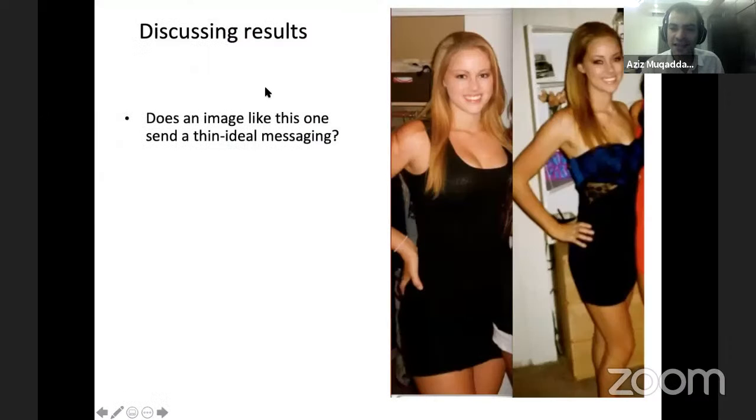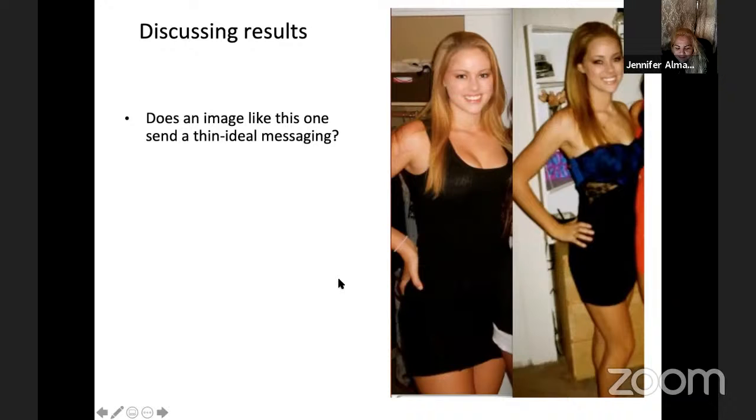By the way, how would you rate the body types then? So underweight, overweight, muscular. I would say the second one, the after, is underweight. She doesn't look very muscular. Yeah.